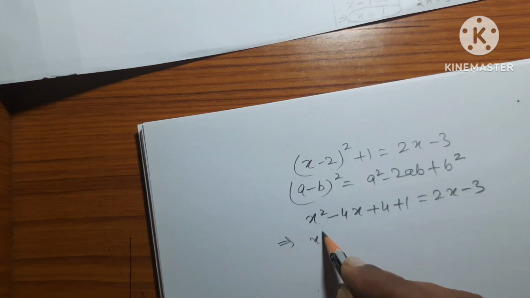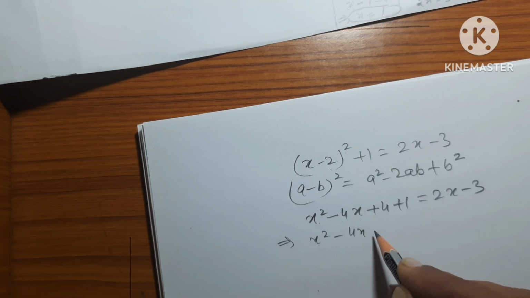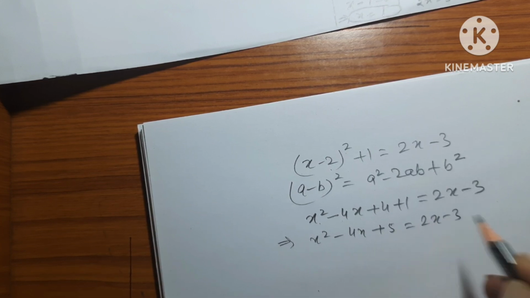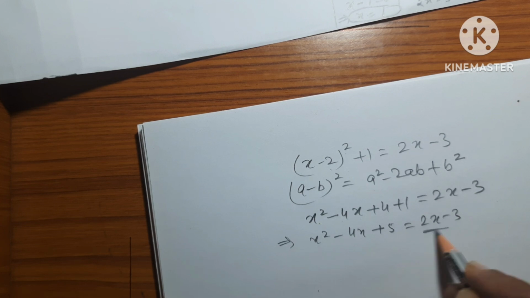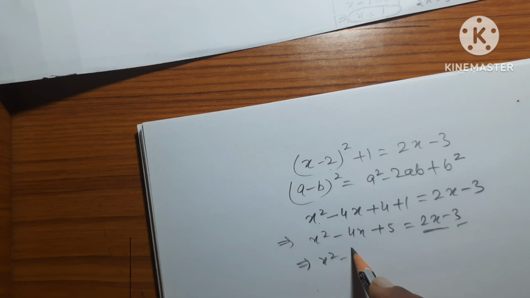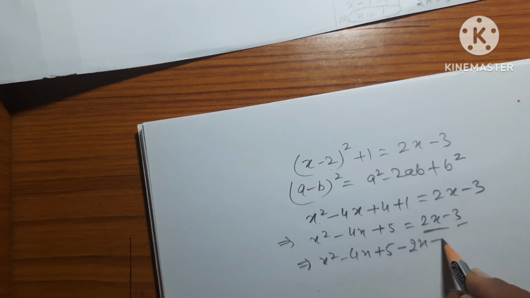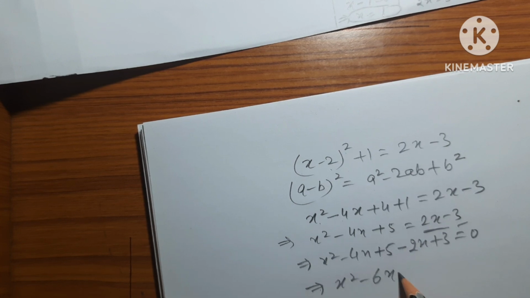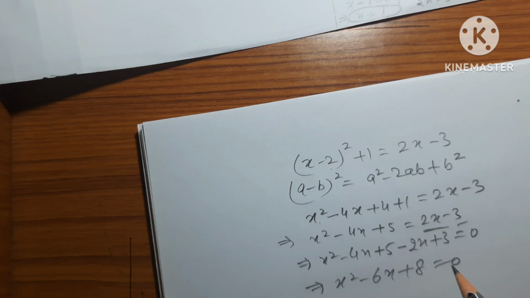That means x square minus 4x plus 5 is equal to 2x minus 3. Now we'll shift these two terms to the left side. That means x square minus 4x plus 5 minus 2x plus 3 is equal to 0, because in the standard form one side is 0. So this becomes x square minus 6x plus 8 is equal to 0.